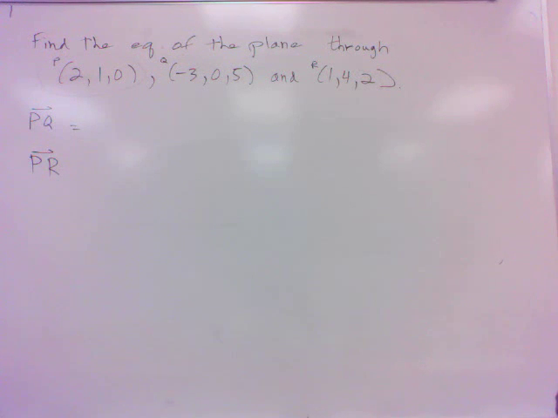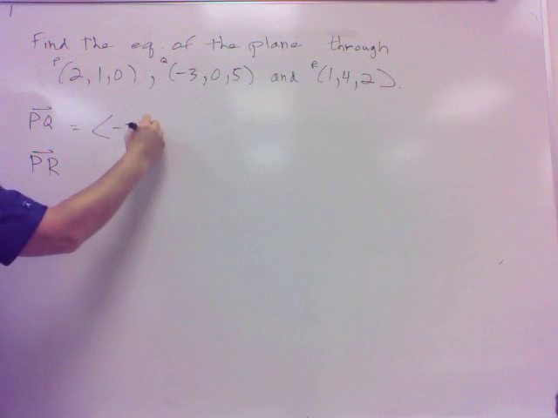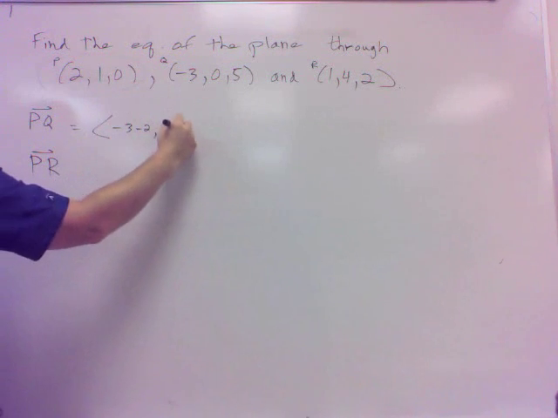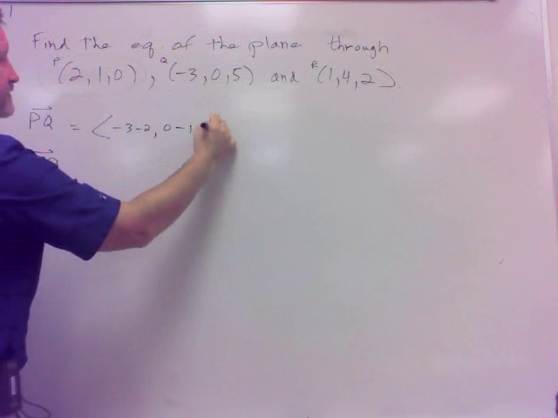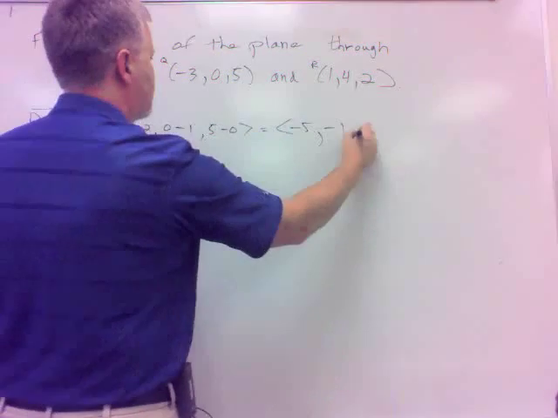Well, the PQ vector, same drill. How do we get the PQ vector out of this? You subtract them. So we got negative 3 minus 2, 0 minus 1, 5 minus 0. So it's negative 5, negative 1, and 5.